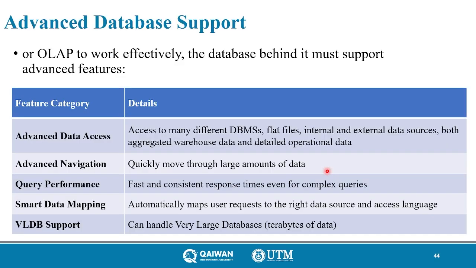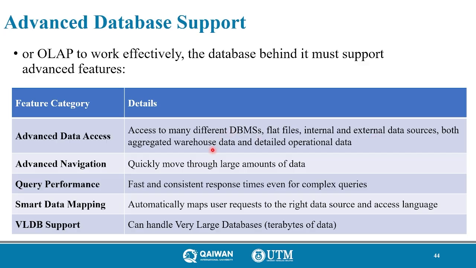Now, advanced database support. For OLAP to work effectively, the database behind it must support advanced features. For example, you are using OLAP, but the database also should support these advanced features that you want OLAP to do for you. Advanced data access, advanced navigation, query performance that needs to be very fast, smart data mapping, and very large database support. Advanced data access: many different database management systems like Oracle, SQL Server, MySQL, and so on, flat files, internal and external data sources.